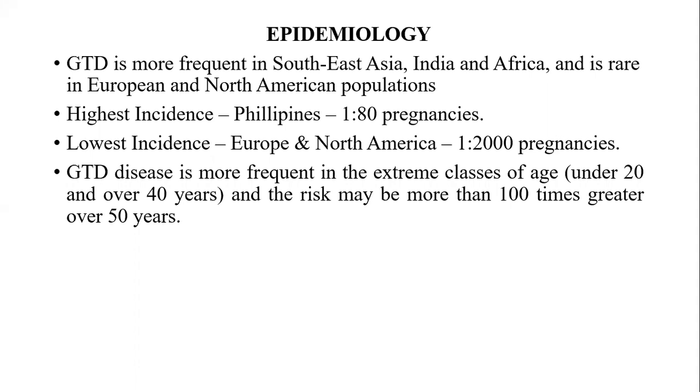It's more frequent in the extreme classes of ages, usually those under 20 and those over 40. And the risk may be more than 100 times greater for those over 50 years of age. I was unable to get the epidemiology of GTDs in Kenya.